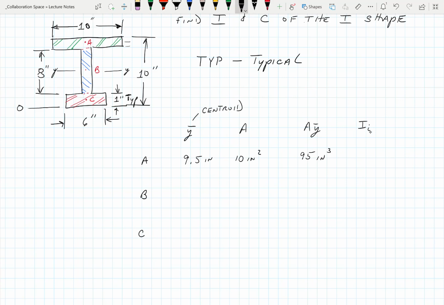And my I for a rectangle, and if it helps you, you're more than welcome to write them out here. So we are 10 inches times 1 cubed divided by 12, or 10/12, right?